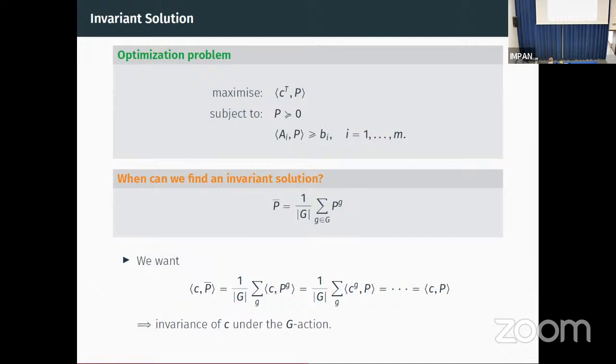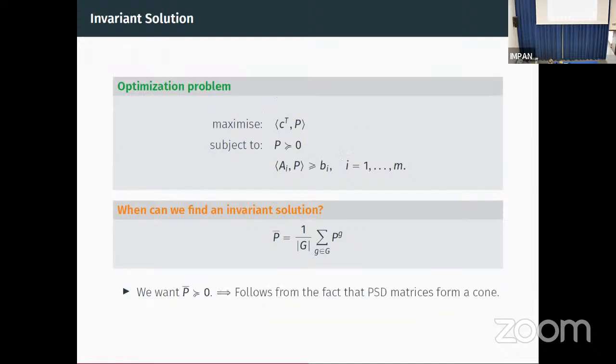The second thing is that I want the invariant solution to be positive semi-definite. And if you look at what is happening, if I'm acting linearly on the variables, I'm acting on P by conjugation. So if P was positive semi-definite, its conjugation is going to be positive semi-definite, and then the set of PSD matrices is a cone, so this is a solution.